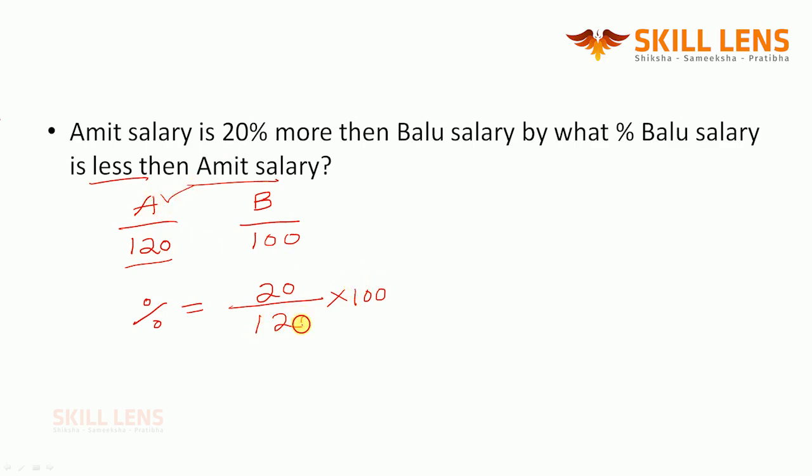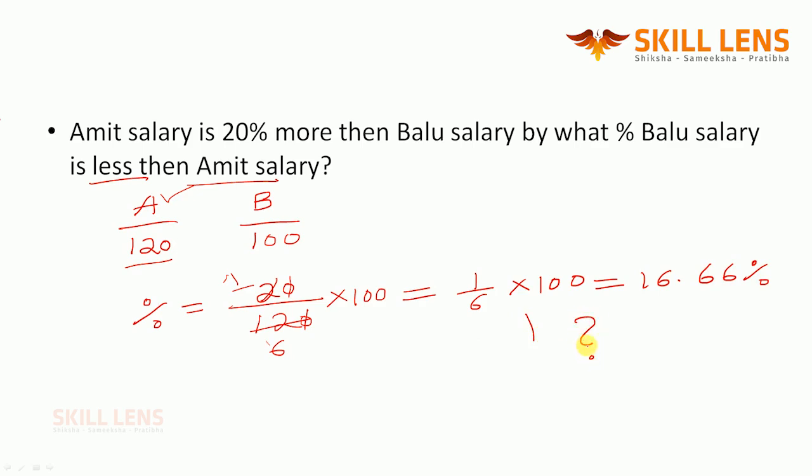So 20 by 120 into 100, which is 1 by 6 into 100. So that value is nothing but 16.66 percent.